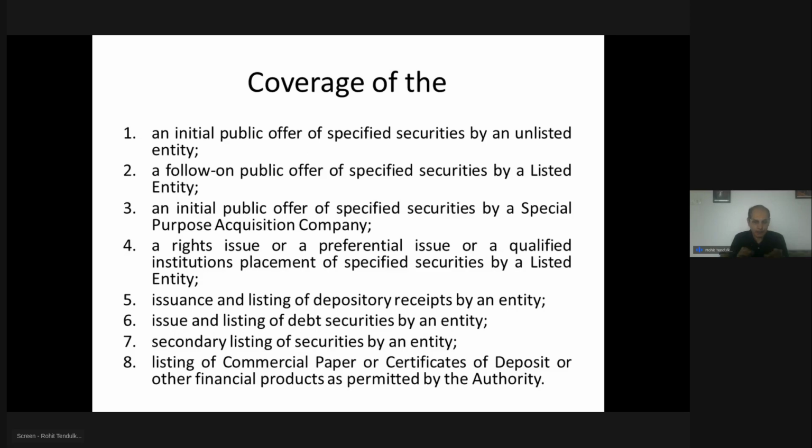Now, the regulation covers the 8 issues or the 8 financial products that can be listed on the recognized stock exchanges in the IFSC. But let me explain these 8 in a proper way. We have specified securities.